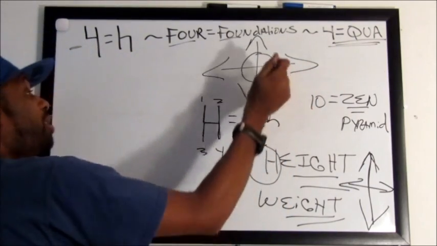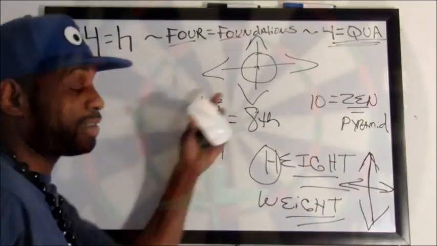Z, the bullseye, the target. X marks the spot.